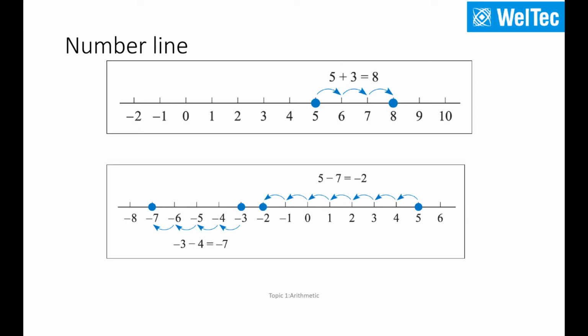So suppose we want to say 5 plus 3. We start at 5 and we're going to go 3 places to the right. 1, 2, 3. And we end up at 8. So to add a positive number, we move that many places to the right.